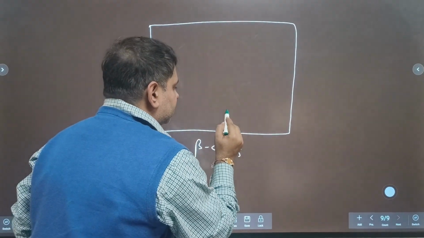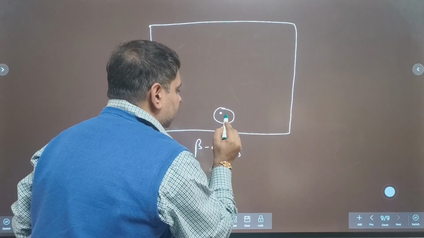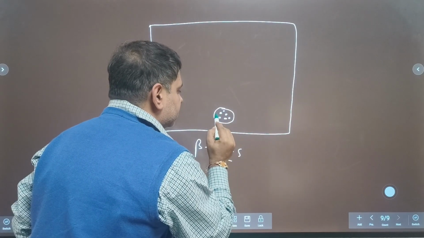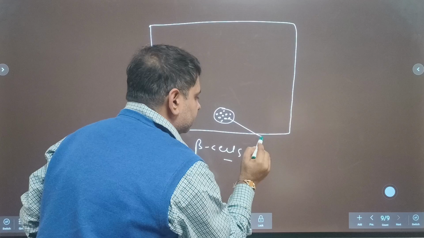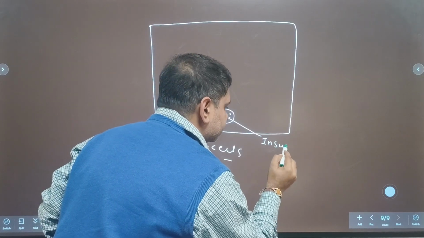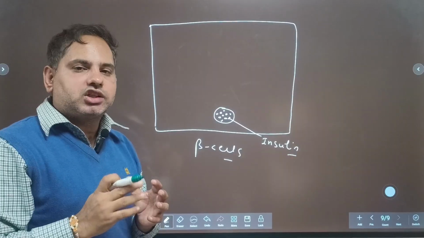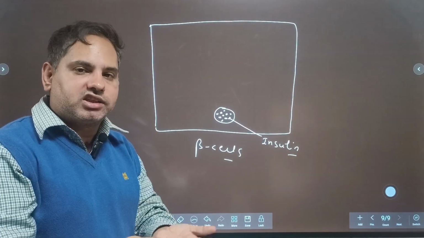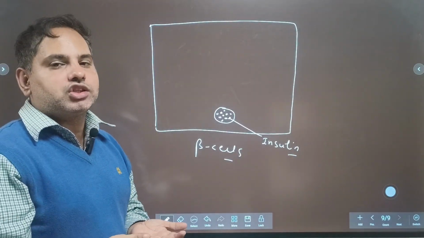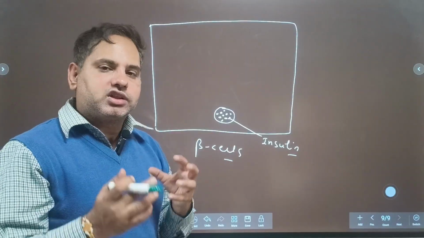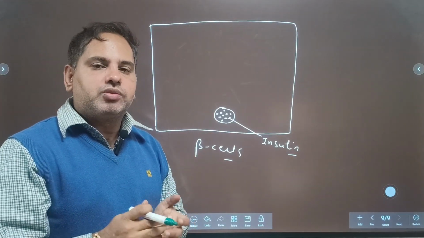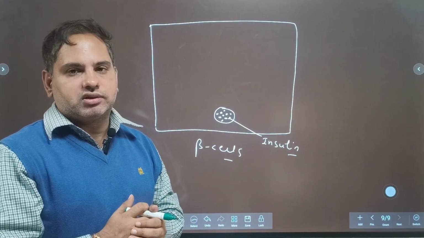In the vesicles, they store the hormone, and that hormone is insulin. Now you have to understand how this insulin is released whenever there is a stimulus. What is the stimulus to release this hormone stored inside the vesicle? The stimulus is glucose.